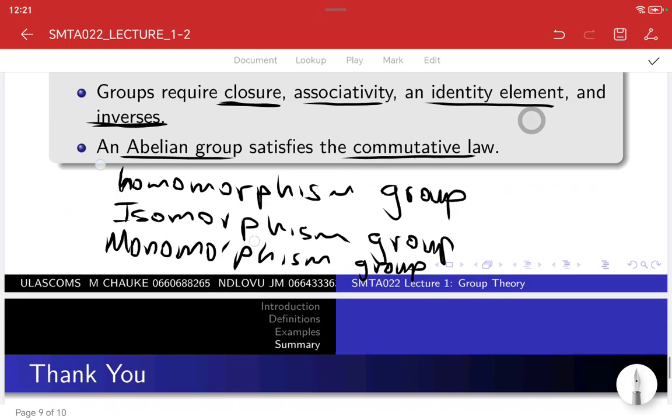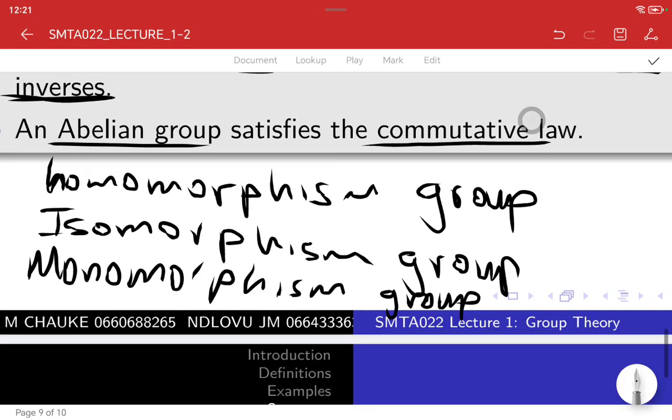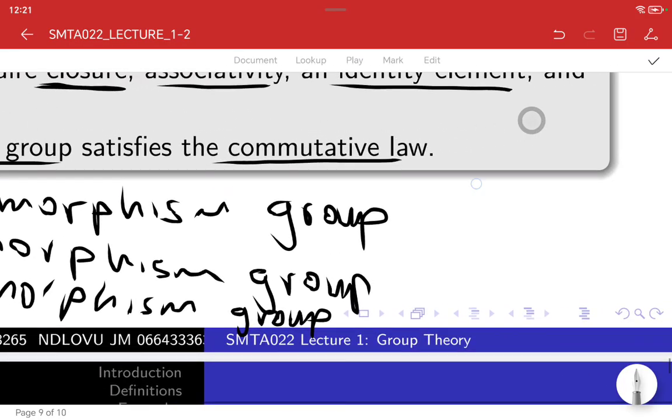So when we talk about a homomorphism group, one thing I can tell you is that we're just going to be looking at a group that has two operations. It can have times and plus.